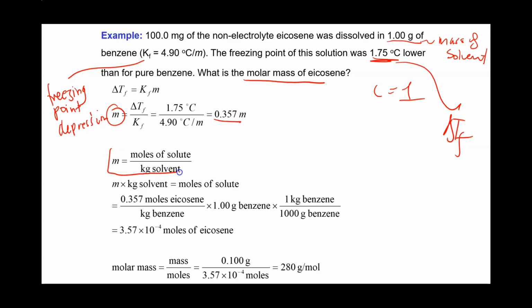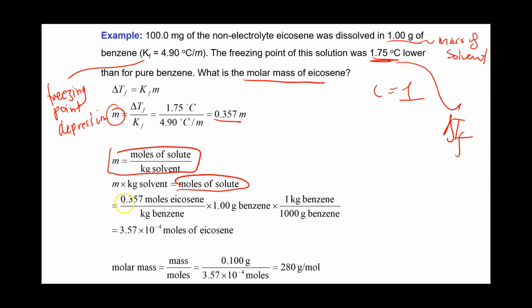Now I know that the molality is equal to the moles of solute divided by the kilograms of solvent, or alternatively, molality times my kilograms of solvent is equal to my moles of solute. So I'm going to calculate how many moles of eicosene were dissolved in this solution.